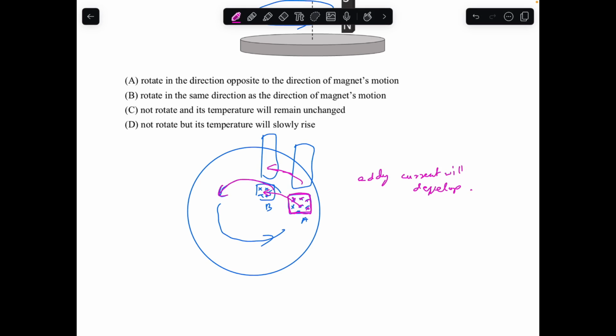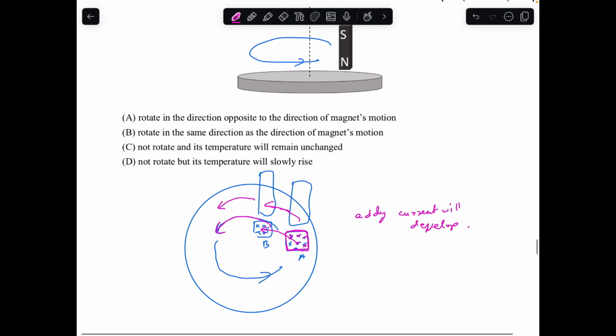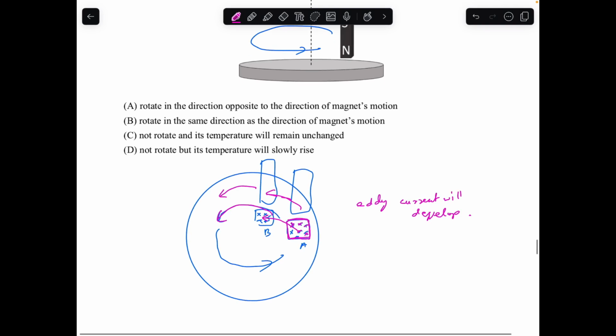So it will rotate. If I rotate the bar magnet, this disc also tries to rotate in the same direction. So this answer is correct.